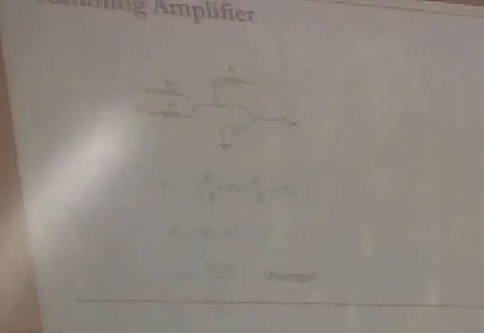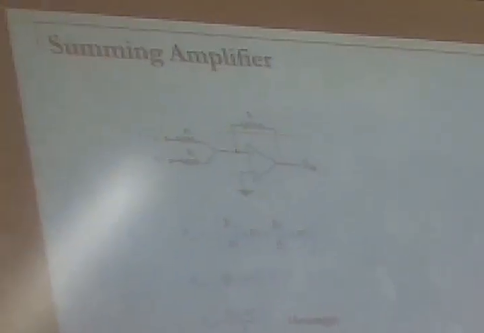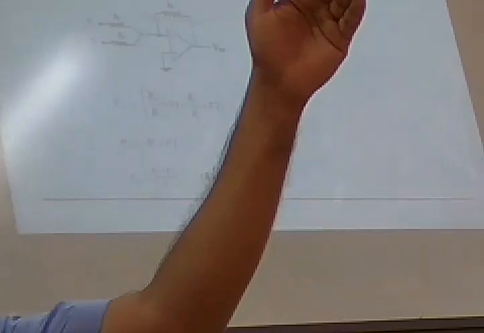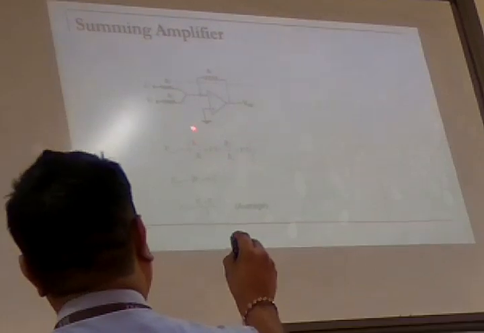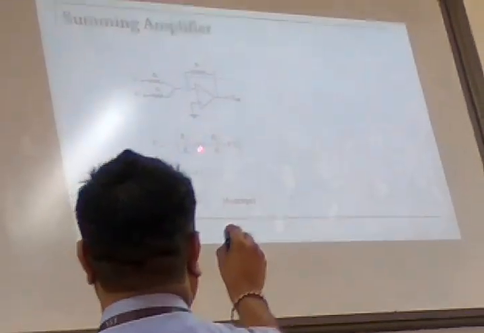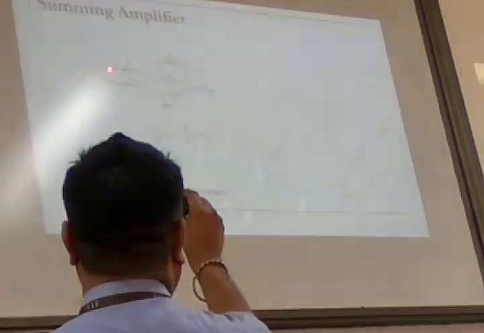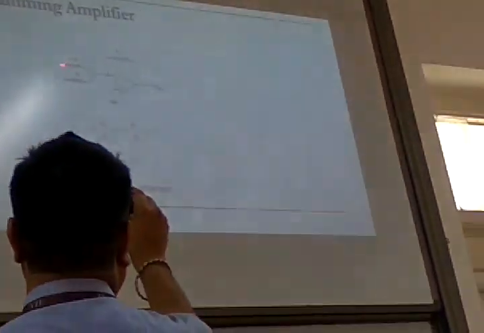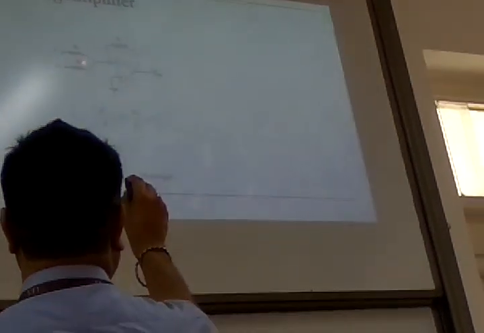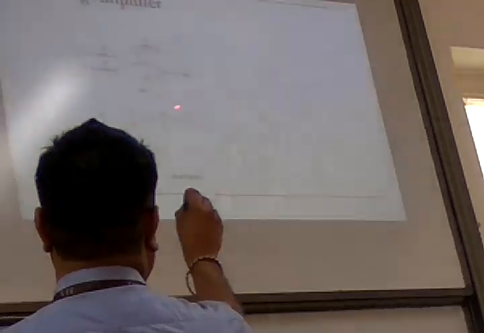My equation, you can derive from first principles again, but the output voltage is always the feedback resistance divided by the corresponding input resistance, times that particular input voltage. That is the component of amplification because of V1, plus feedback resistance divided by R2 times V2.